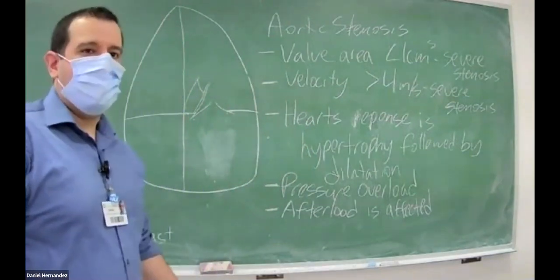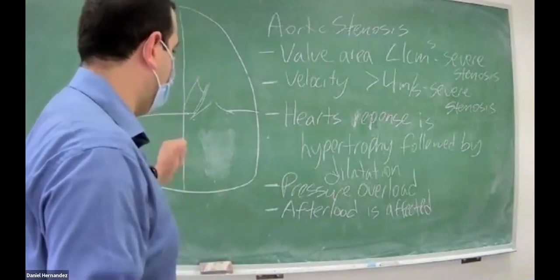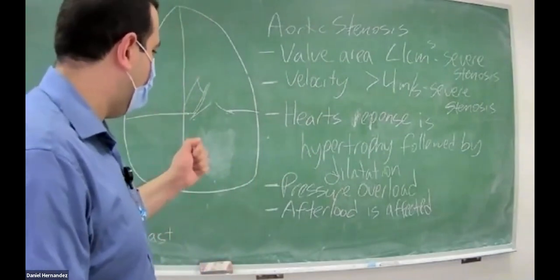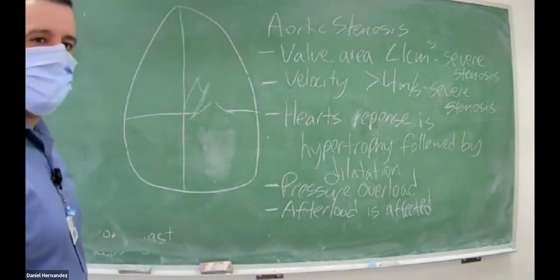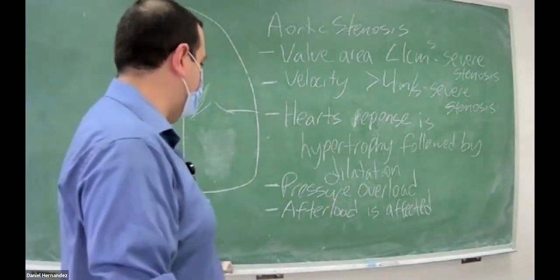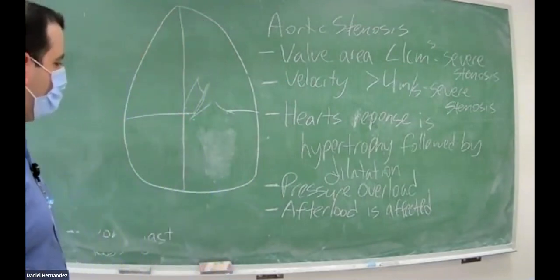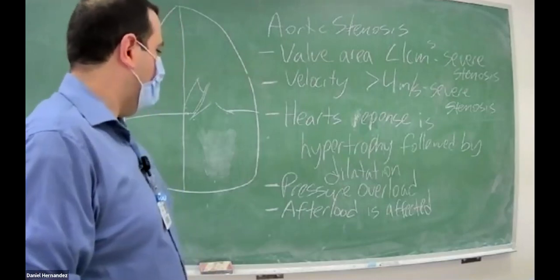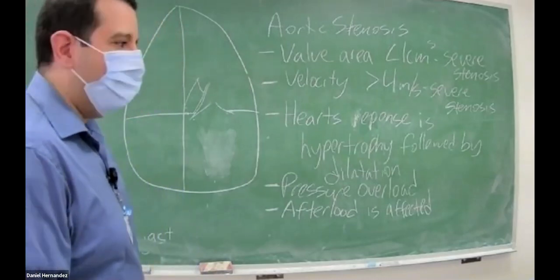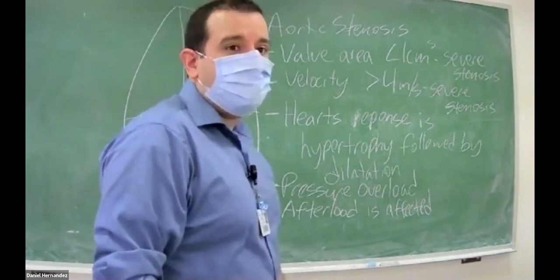We talked about preload and afterload. Afterload would be stenotic pulmonic and aortic valves, systemic hypertension, pulmonary hypertension. Afterload could be coarctation of the aorta. Afterload could also potentially be a dissection.